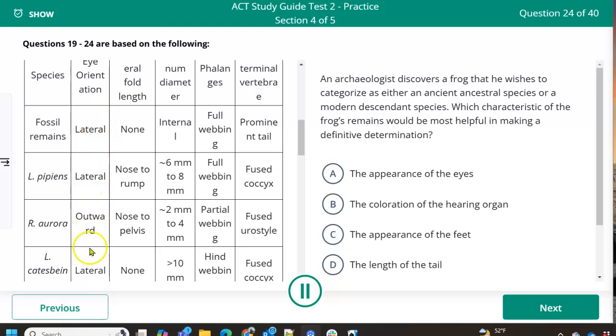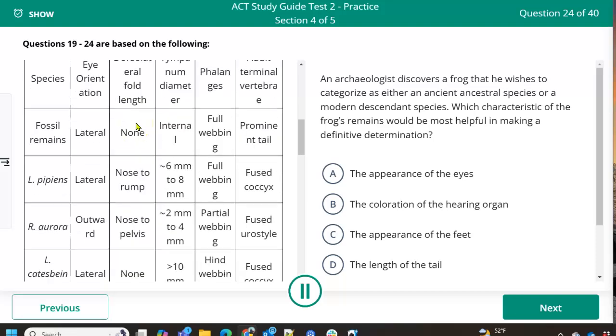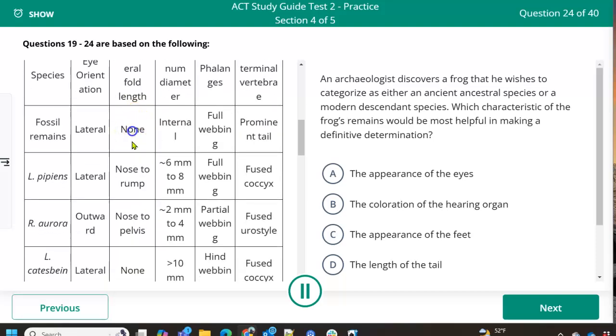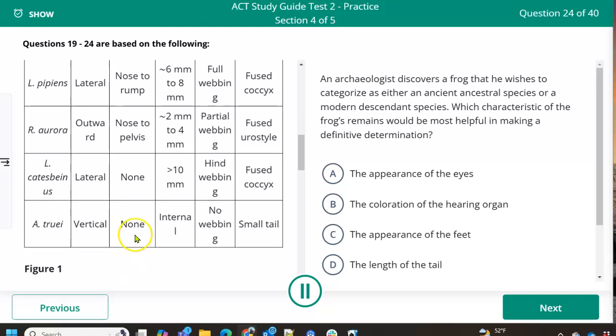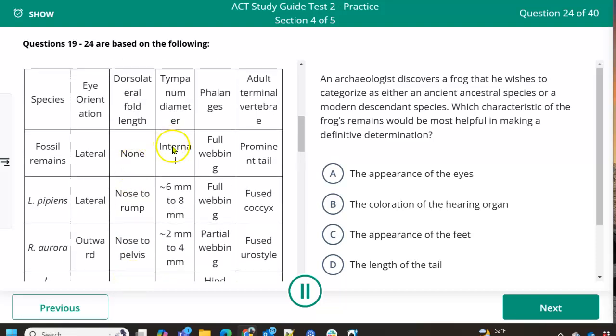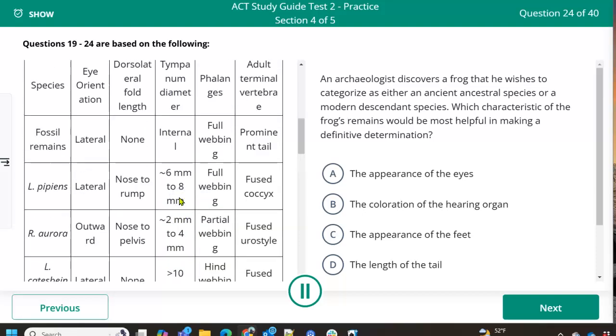Eye orientation is lateral, which is not distinctive based on these. What is this, fold length? We have none, none, that's not going to help. This one we already saw, we had internal and internal. This one we have full webbing.